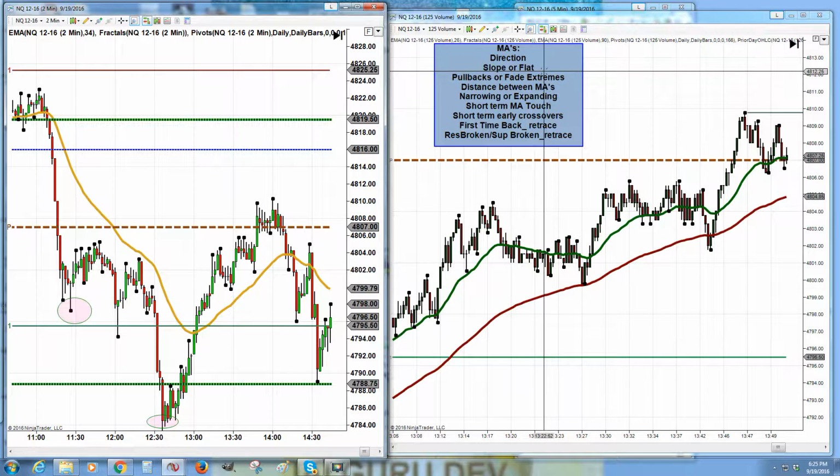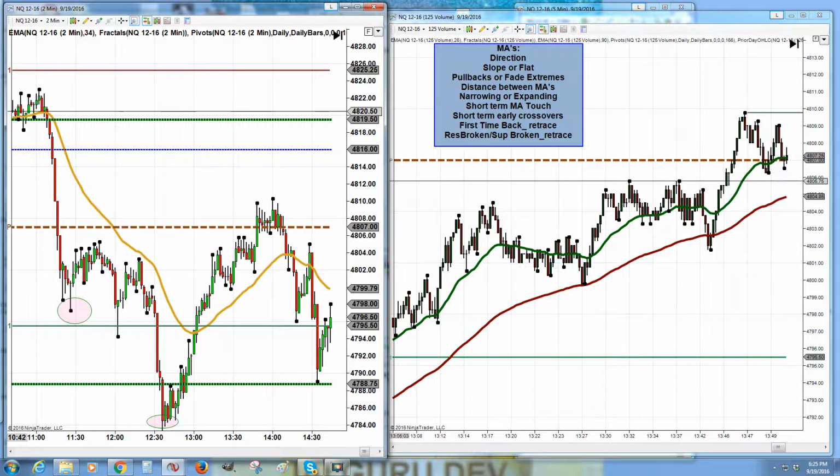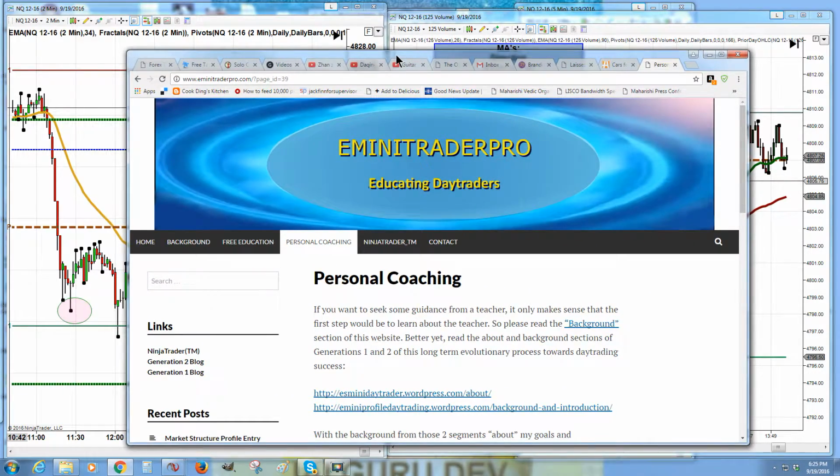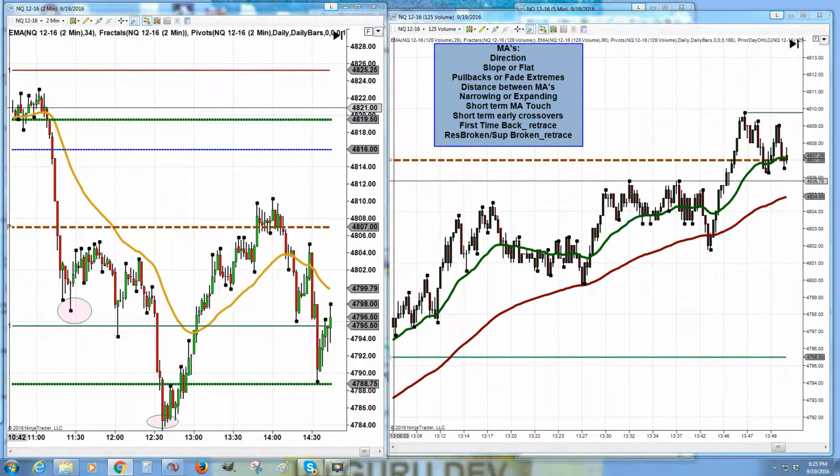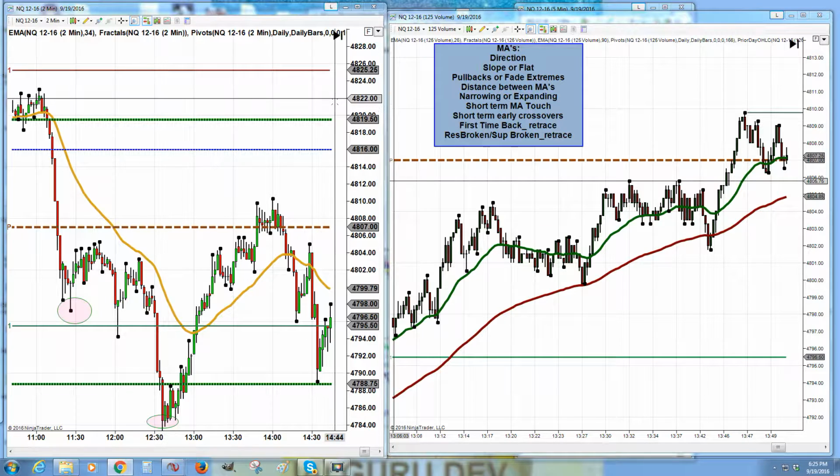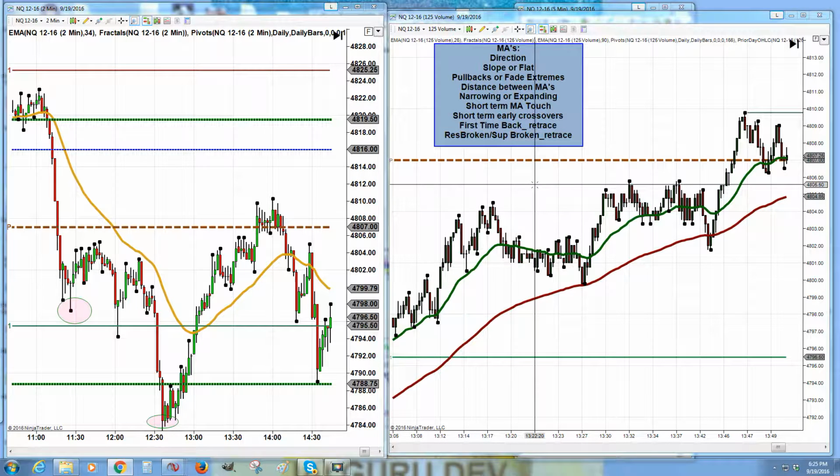action points based on our criteria that we create, and that's where personal coaching comes in. What I'm offering is for an individual to come up with a trade plan like this that's exactly tailor-fit to what an individual trader needs. What capabilities does that trader have? How experienced or inexperienced?